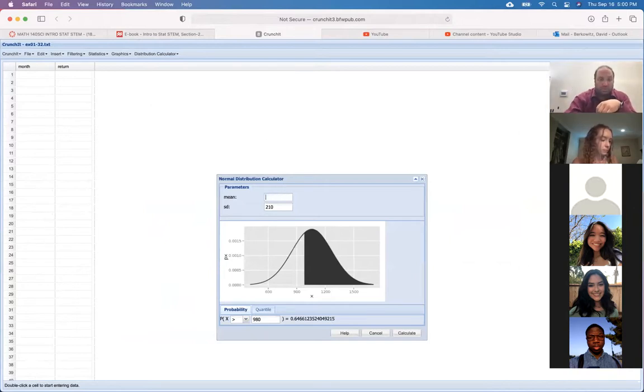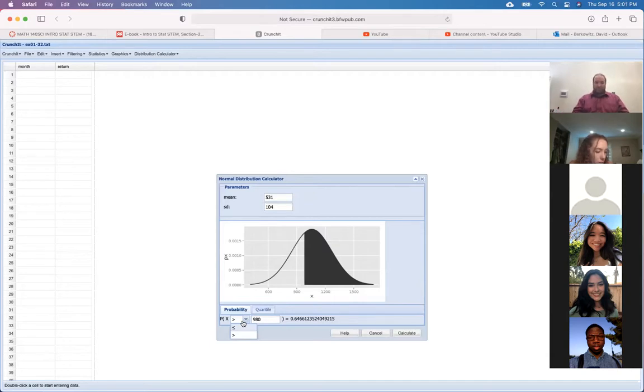What mean do we want? 531. And we obviously want a different sigma. What standard deviation do we want? 104. But this is telling us to put in our raw data and pick greater than or less than. And we don't want to do that because we don't have the raw data. We're looking for the raw data. So what do you think I should do?